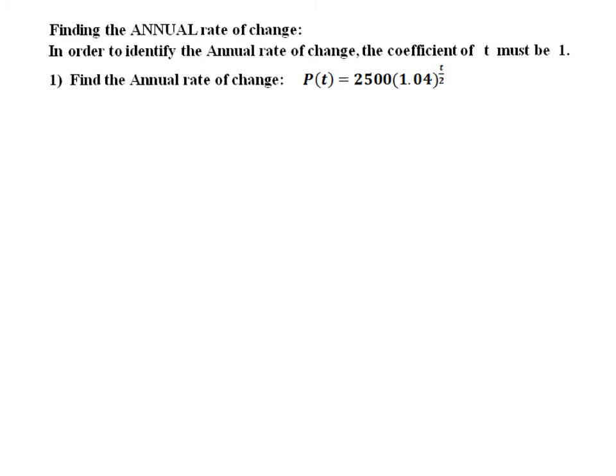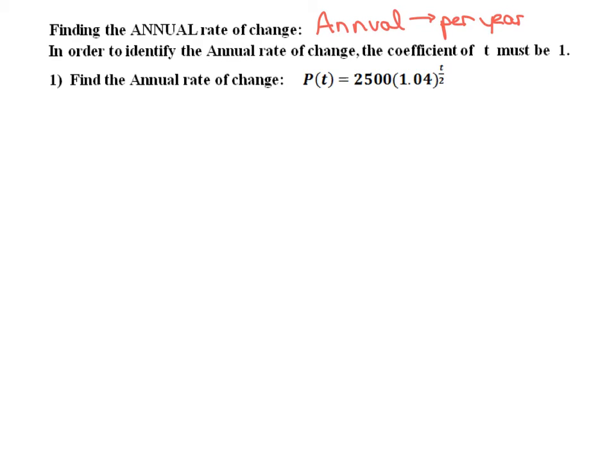Now our goal in tonight's lesson is actually to be able to calculate an annual rate of change. What we want to remember is that the word annual means in 1 year or per year. So we want to be able to calculate what the rate of change is on a yearly basis.